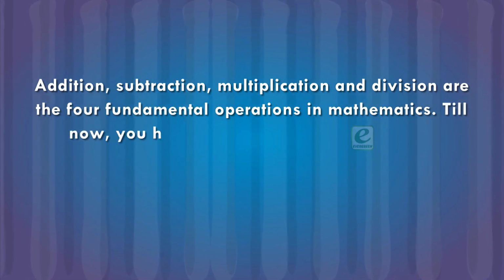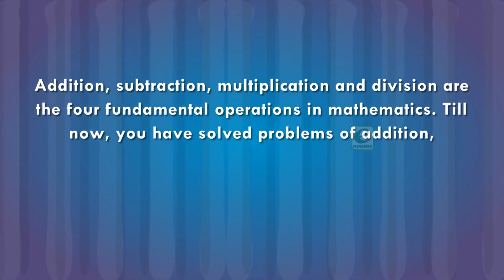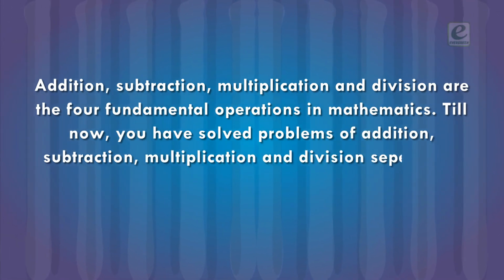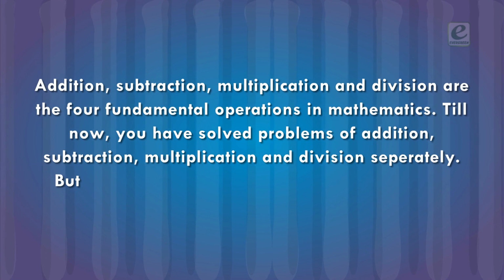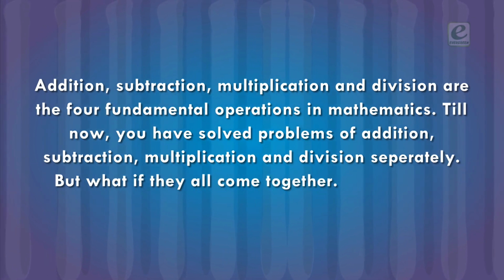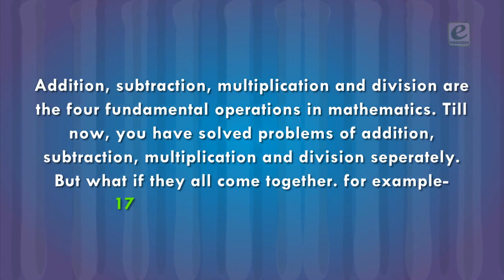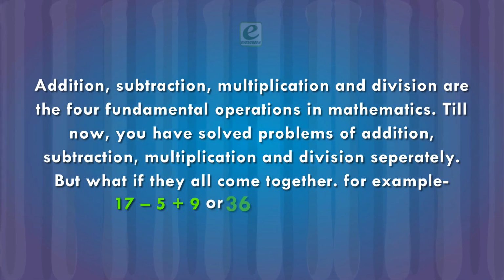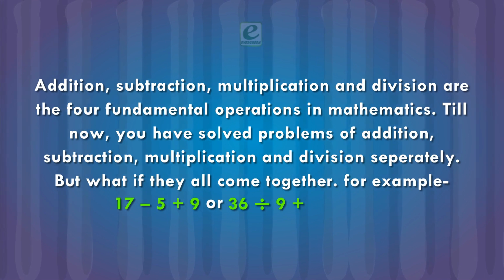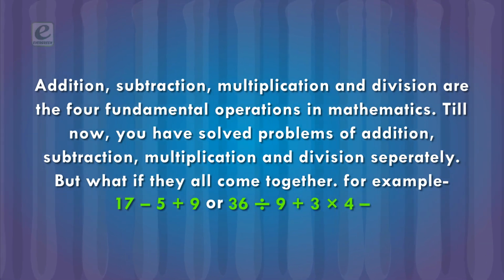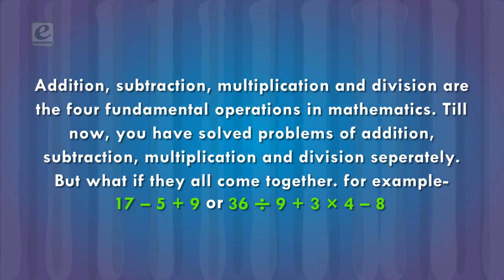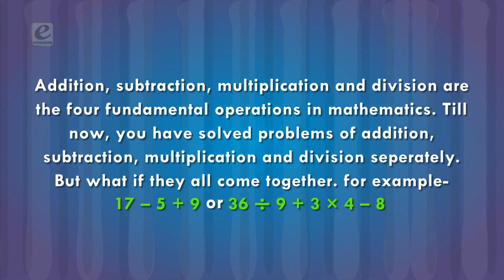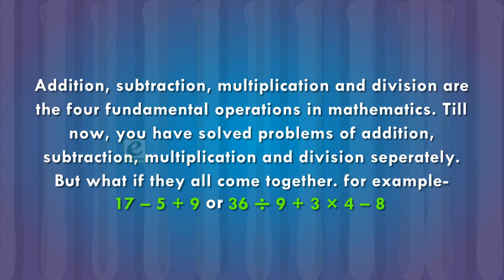Till now, you have solved problems of addition, subtraction, multiplication and division separately. But what if they all come together? For example, 17 minus 5 plus 9, or 36 divided by 9 plus 3 into 4 minus 8 involves one or more of these operations indicated by their signs.